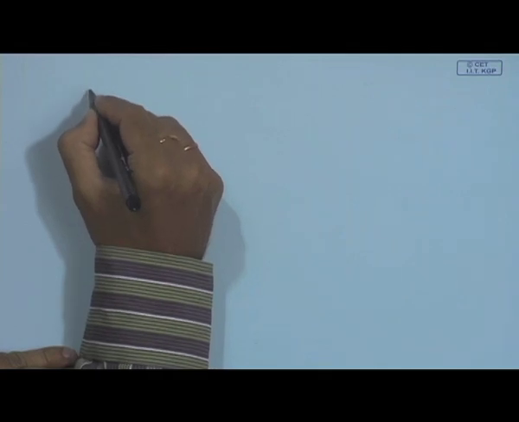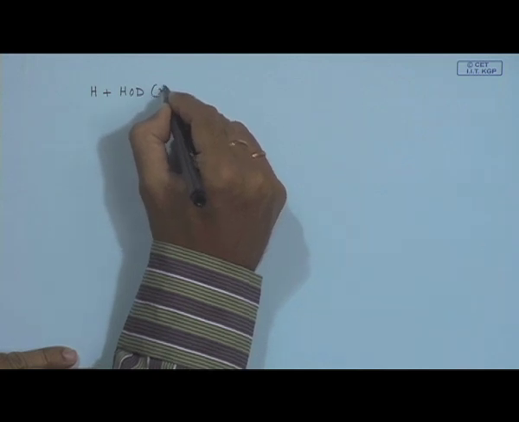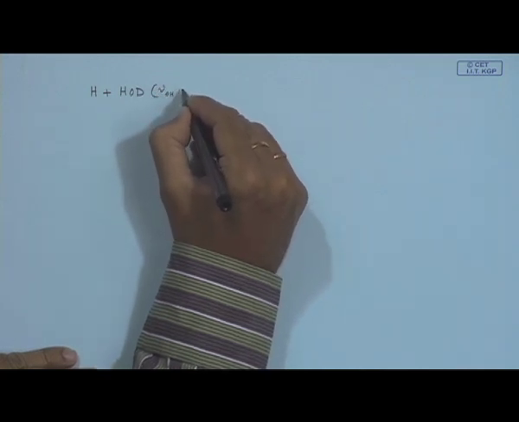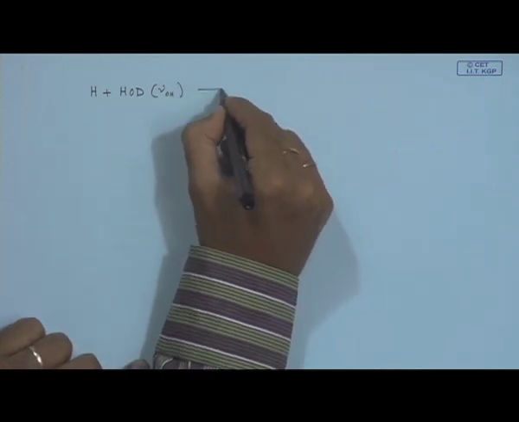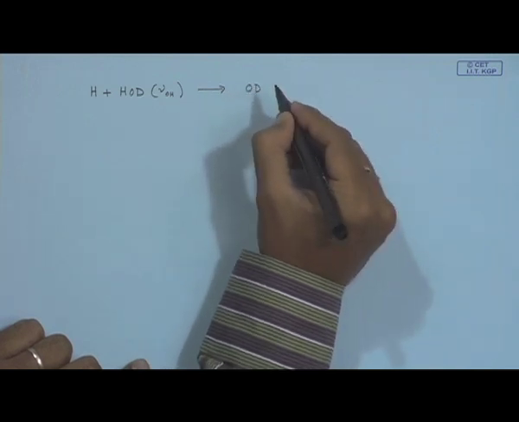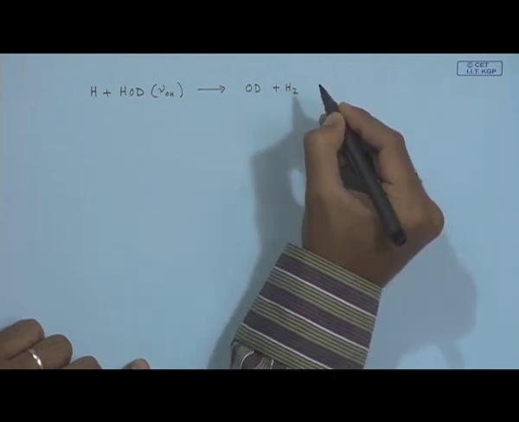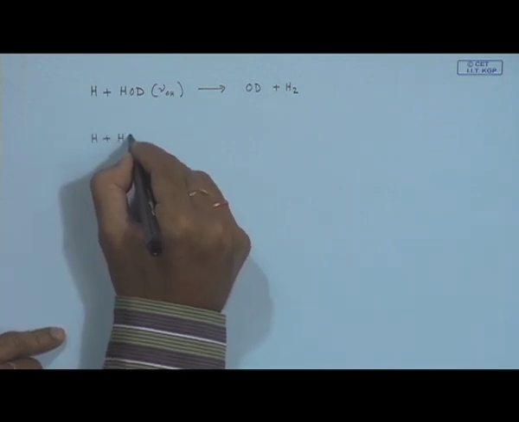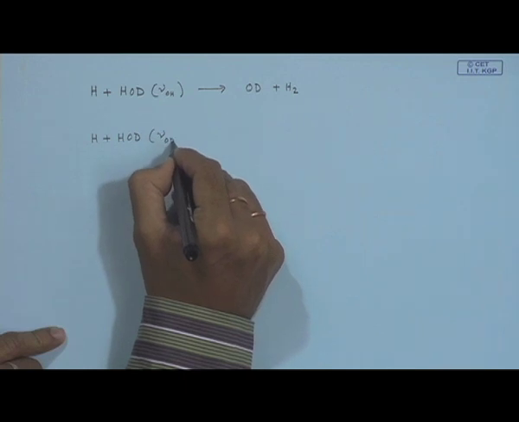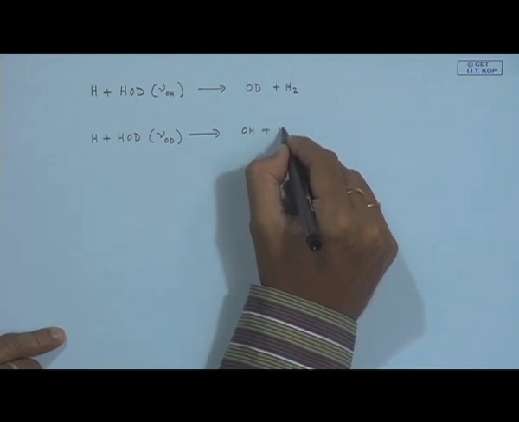In that case, for a mode selective reaction, H plus HOD with nu OH excited, you will get OD plus H2. Or if you use the other mode selective option, H plus HOD with nu OD excited, then you will have OH plus HD.